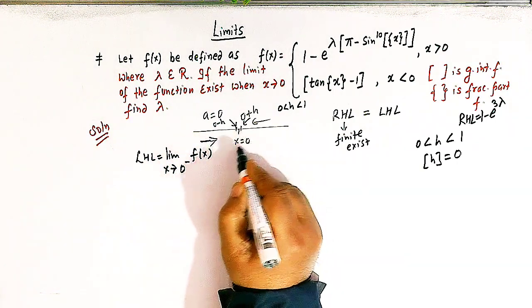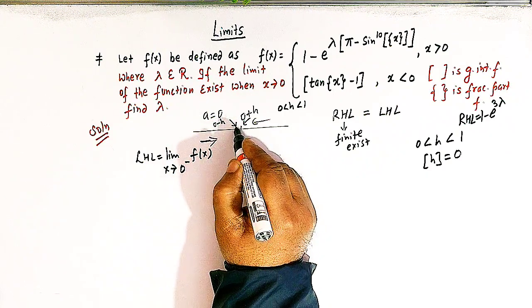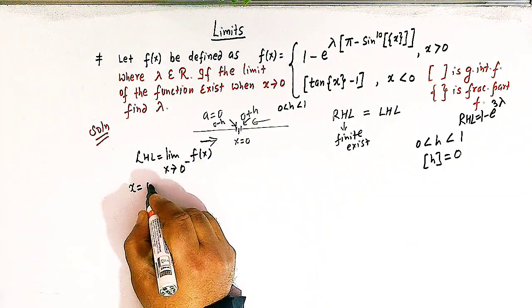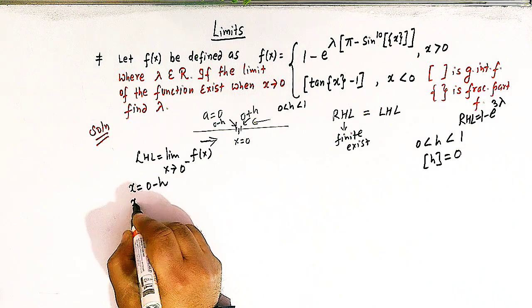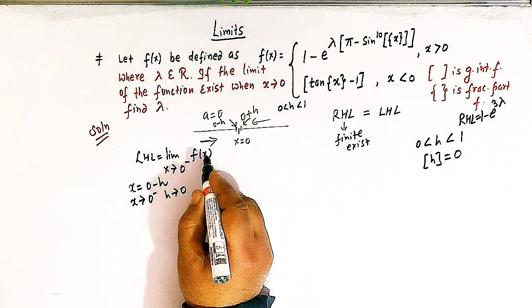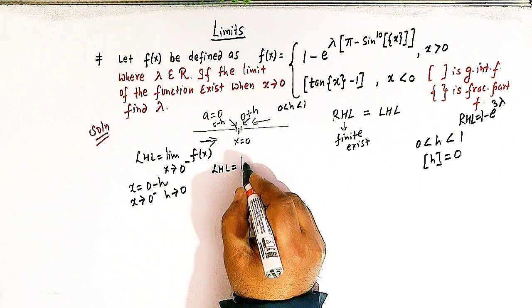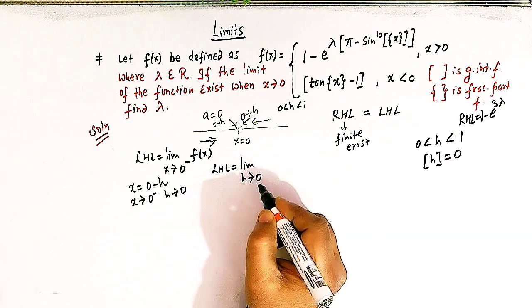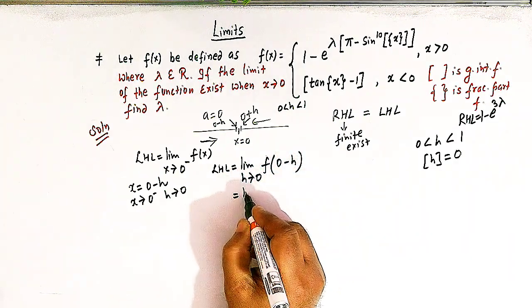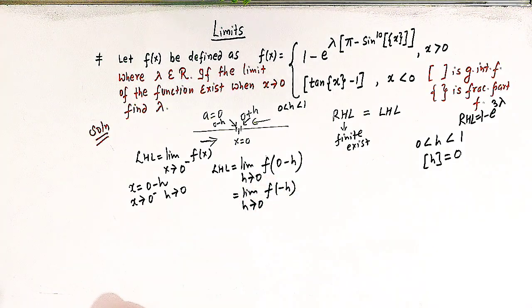When we approach x equal to 0 from the left, we have a point in the left neighborhood, that is x equal to 0 minus h. When x tends to 0, then h tends to 0. So writing this left hand limit in terms of h, we have limit h tends to 0 of f of 0 minus h, that is f of minus h, right?